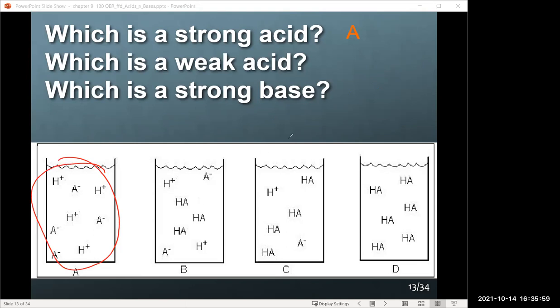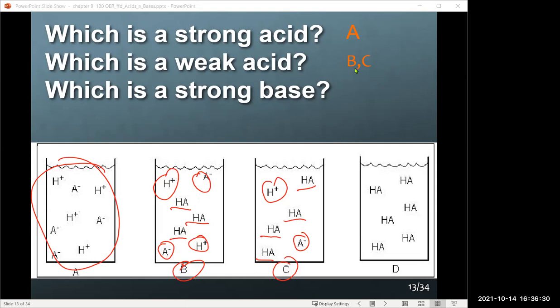So that depicts a strong acid, which means B and C are most definitely weak acids, because the majority of the formulas are still intact. We do have some ions here: one pair, another pair. This one's got one pair, and that's it. So B and C are definitely weak acids.